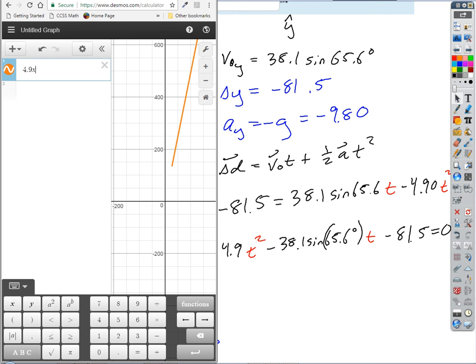Okay. 4.9 x squared minus 38.1 times sine of 65.6, and I want to make sure I'm in degrees. So I think I can even, how many of you guys have used Desmos? Do you know how to make sure I'm in degrees? Usually just does. It's just in degrees.